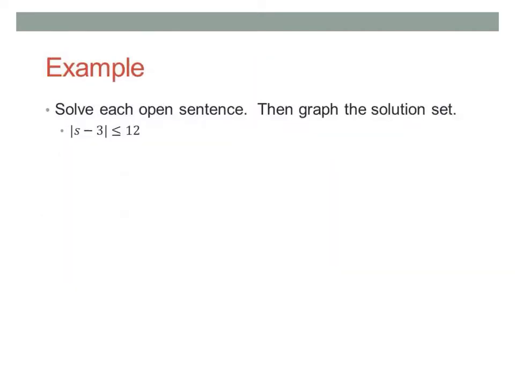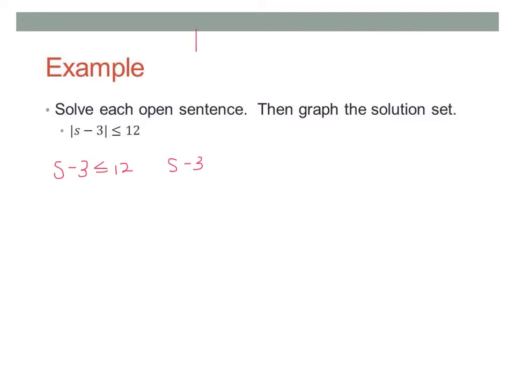Okay, so here we're going to look at the absolute value of s minus 3 less than or equal to 12. So we just talked about the case 1 is what if what's inside the absolute value is positive.